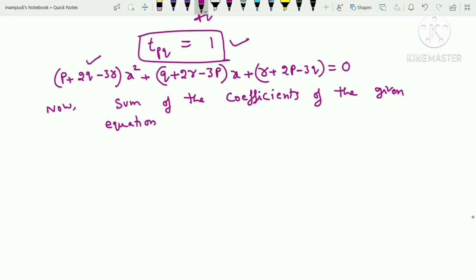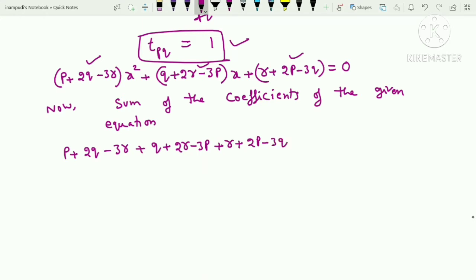The x square coefficient, the x coefficient, and the constant. We add these three terms: P plus 2Q minus 3R plus Q plus 2R minus 3P plus R plus 2P minus 3Q.